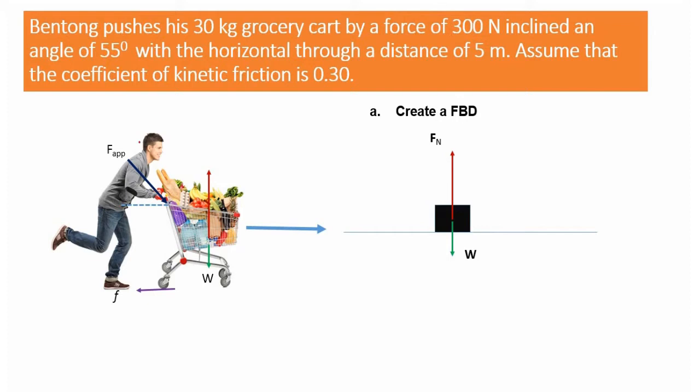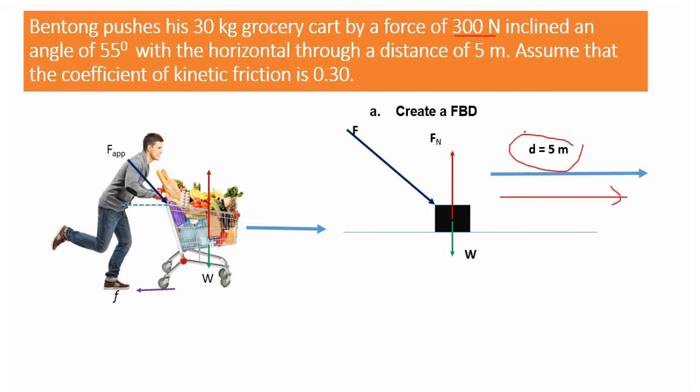And this man applied a force which is 300 Newton, inclined at an angle of 55 degrees. As he applies force, the cart moves in the rightward direction around 5 meters. As it moves, it gains friction force.